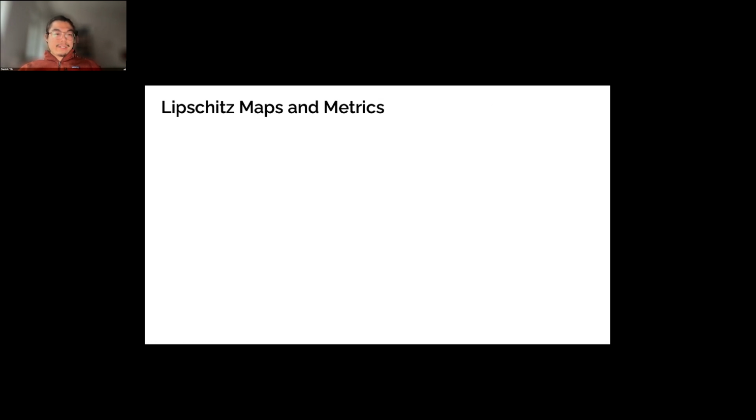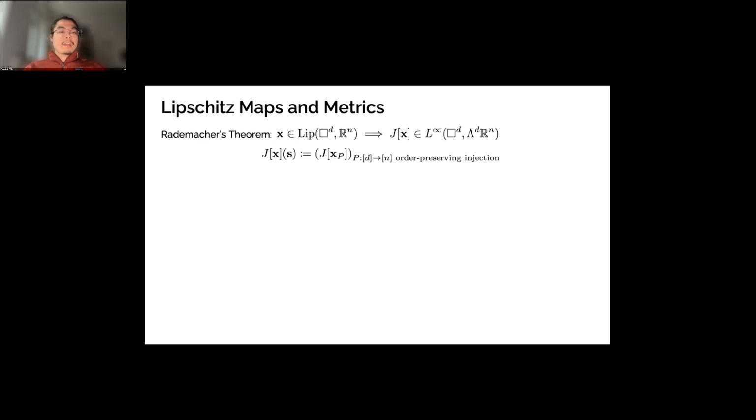Now, in order to study more analytic properties of this mapping space signature, we need some notion of metrics on our Lipschitz mapping spaces. One of the reasons we are working with Lipschitz maps is that we have Rademacher's theorem, which tells us that Lipschitz functions are differentiable almost everywhere.